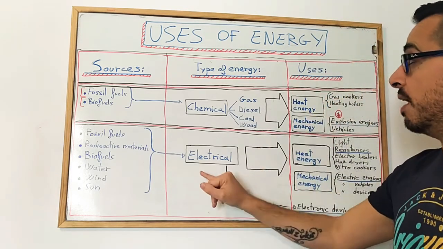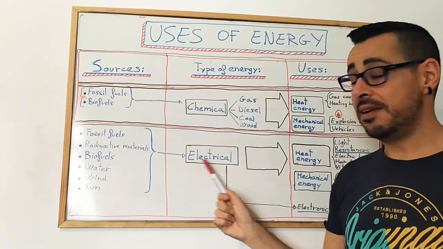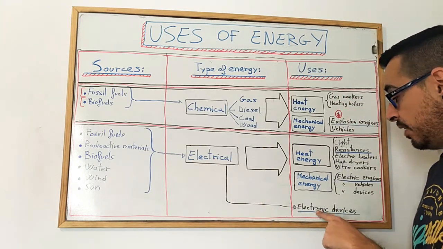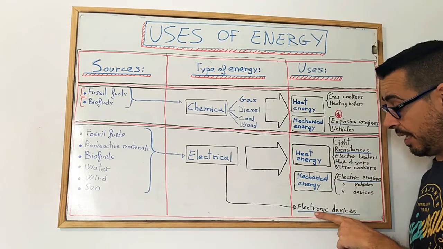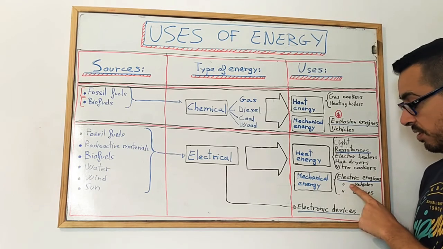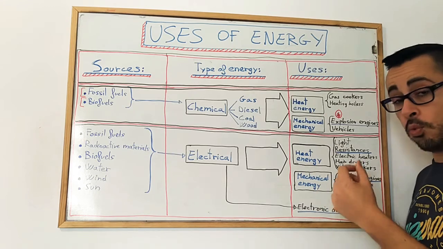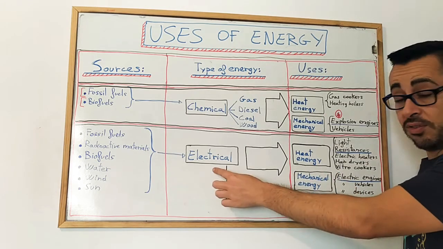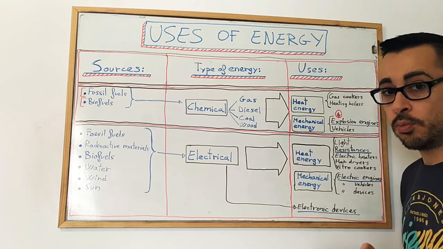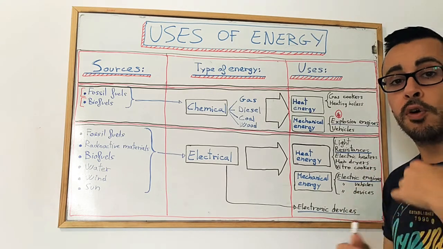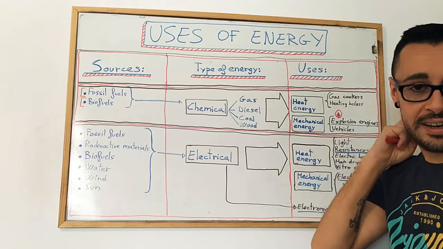Then we have the electrical energy. We use electrical energy for electronic devices. And don't mistake electronic devices with electric devices. Electronic devices work with electricity, and electric devices work with electricity, but for transforming that electricity into another kind of energy.